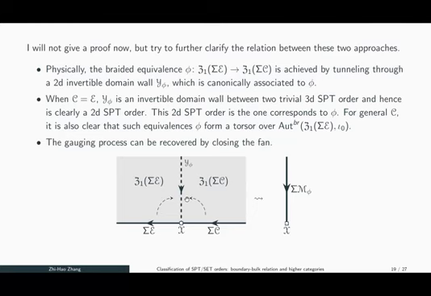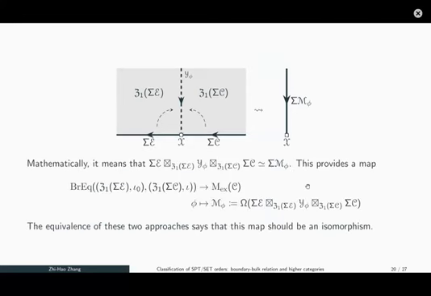And how do we get the gauge theory? The gauging process can be recovered by closing this W_φ. So we just fuse the two boundaries, Σ_E and Σ_C, along these two boxes and this invertible domain wall. So we get a 2D theory. It should be the gauge theory, Σ and φ. This M_φ means the gauge theory associated to this equivalence φ.